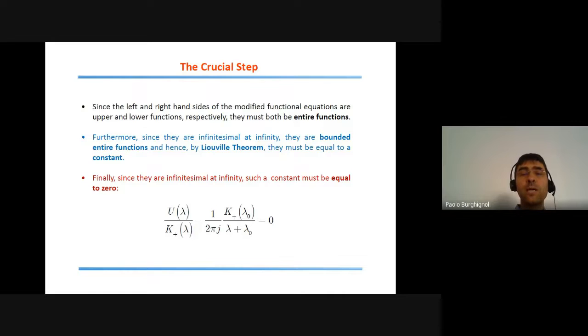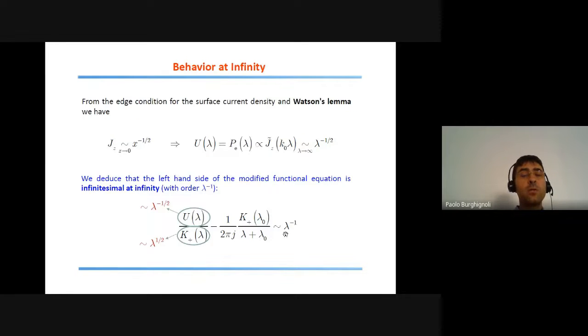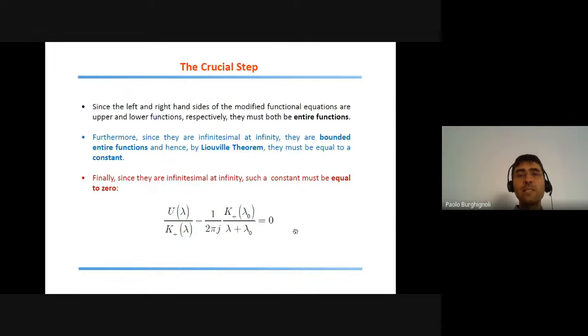Furthermore, we now know that they are also infinitesimal at infinity, because they go at infinity as lambda to the minus 1. And since they are infinitesimal at infinity, they are bounded functions. So we have entire functions that are also bounded functions.